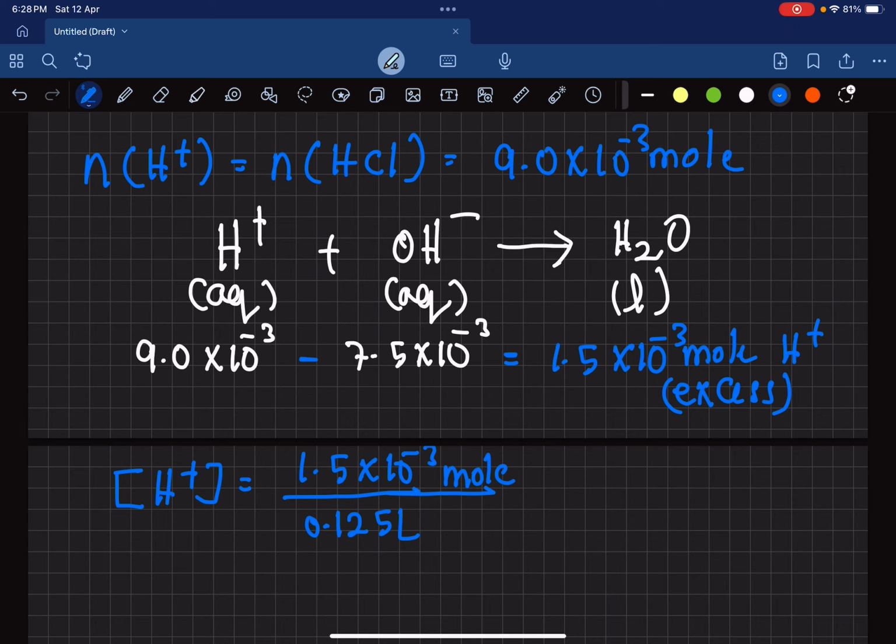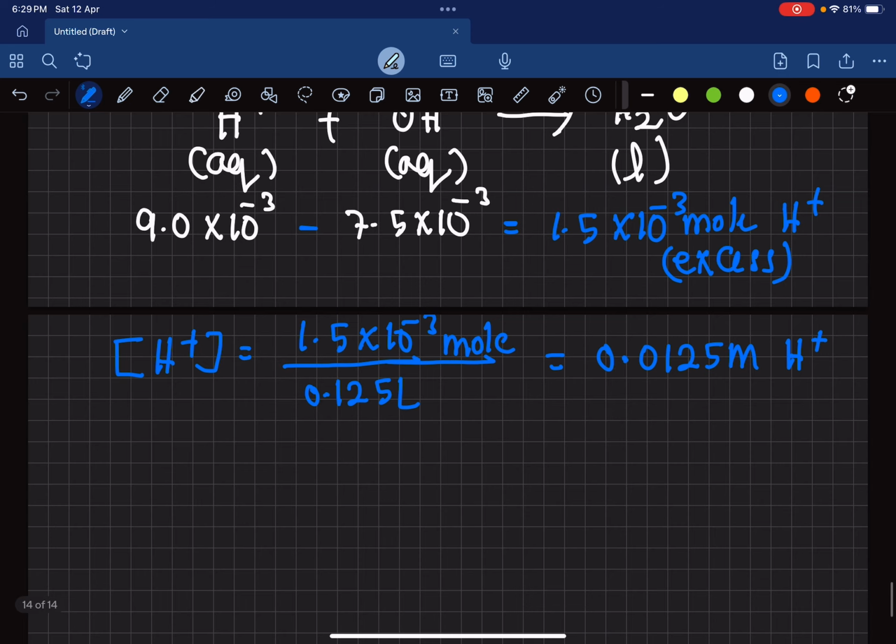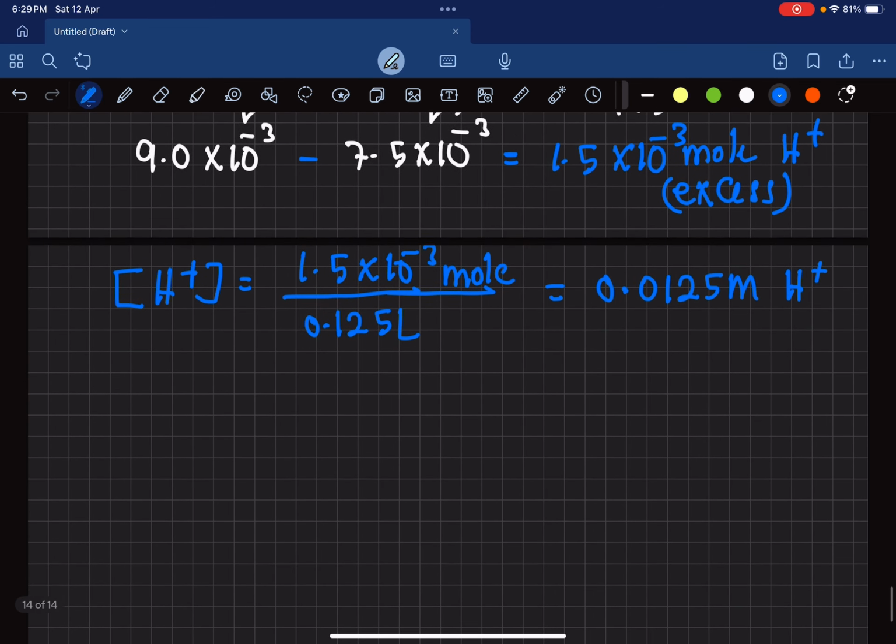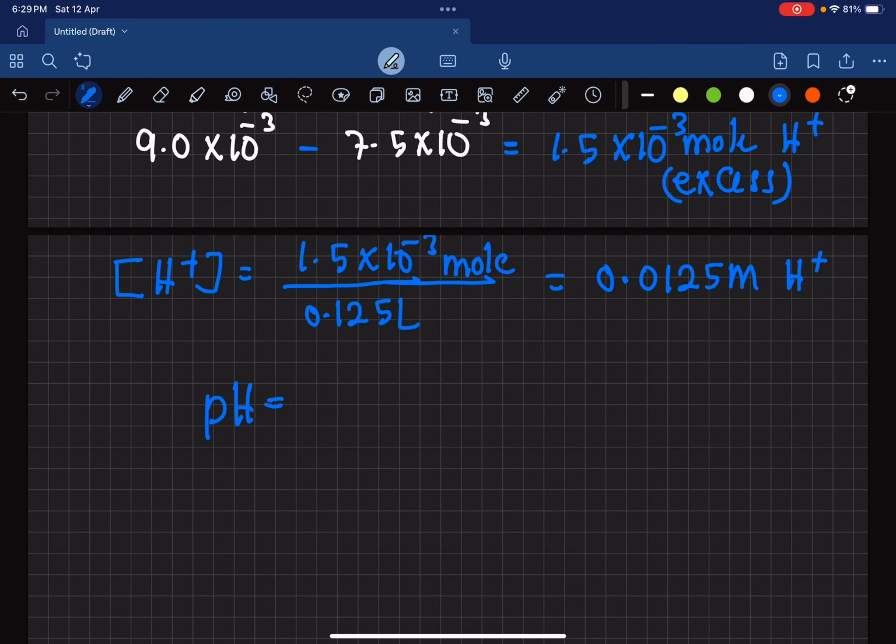So 1.5 times 10 to the power of negative 3 divided by 0.125, I'm getting a concentration of 0.0125 molar hydrogen ions. So pH will be negative log 10, 0.0125.